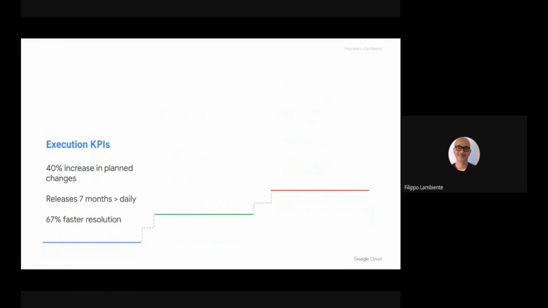The troubleshooting and resolution of issues improved by 67% compared to without the API. The adoption is something that's very easy to calculate.